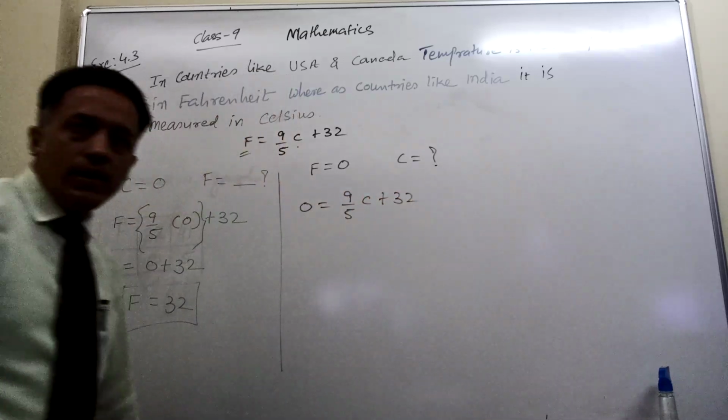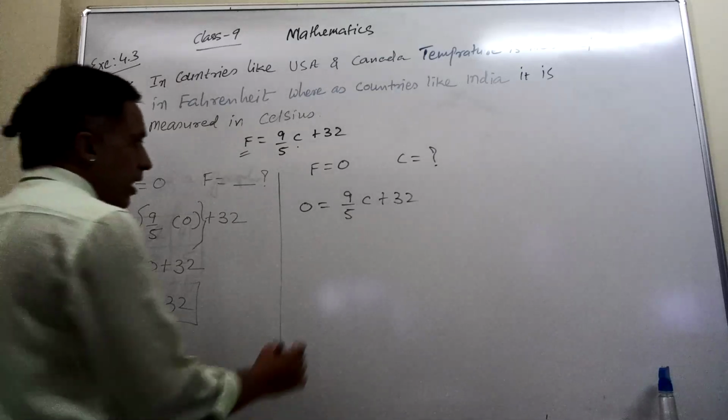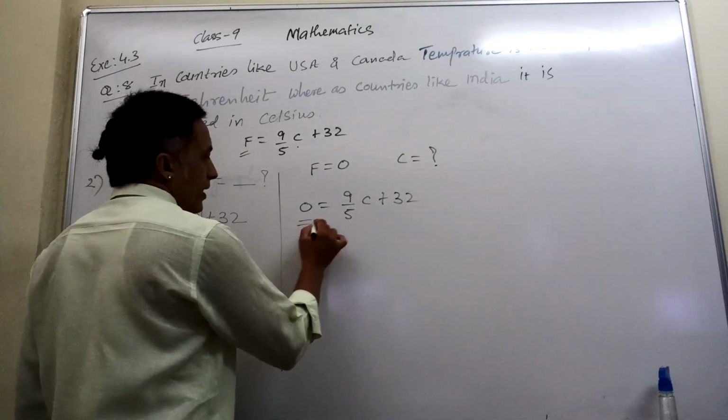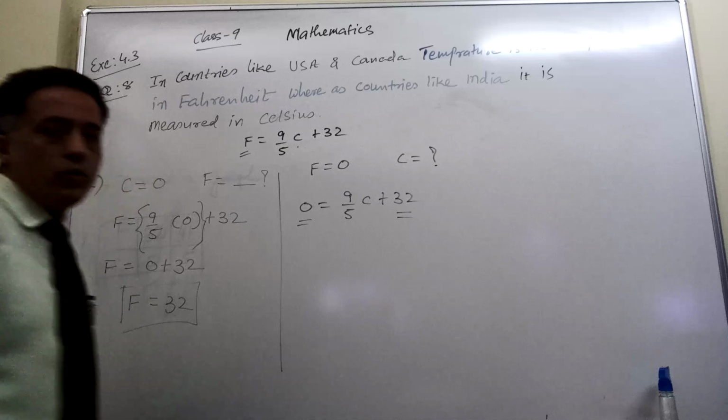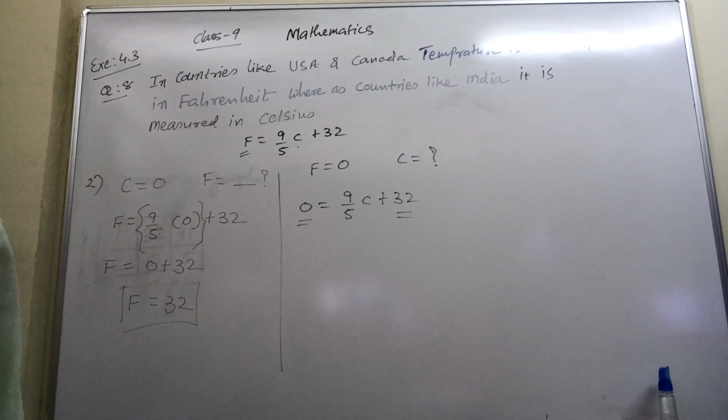Remaining terms are as they are. Now, again, this 0 and this 32 are considered like terms because these two terms are without a variable.